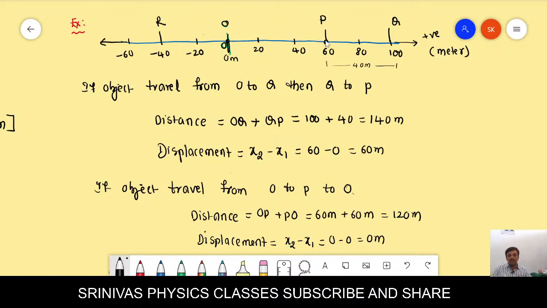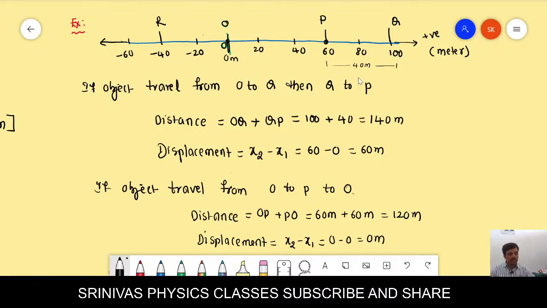Distance O to P, how much? 60 meters. You see this?